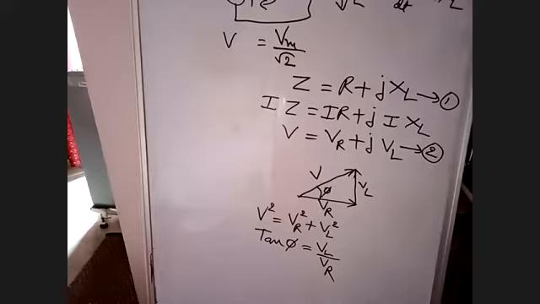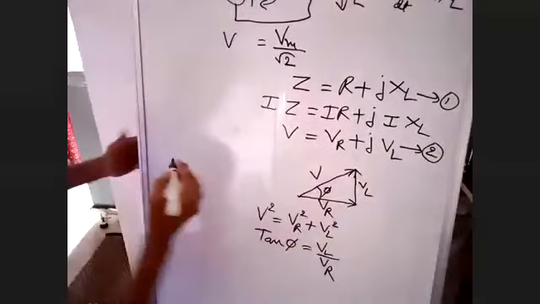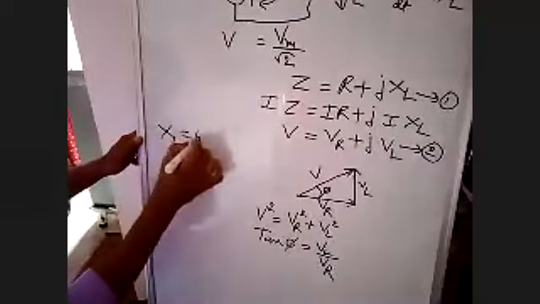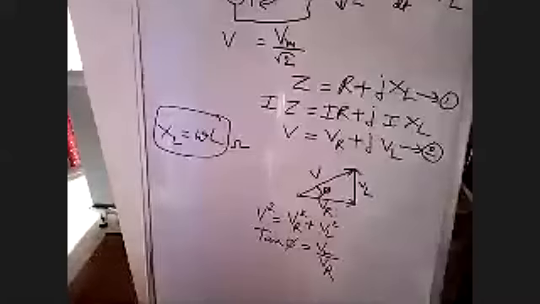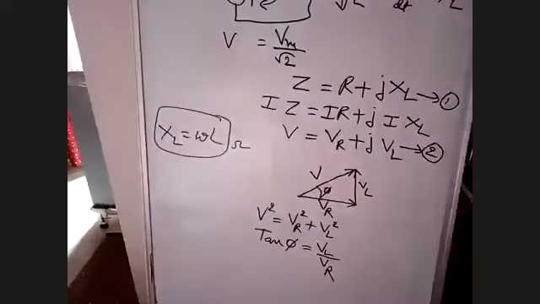XL is the reactance. What is the formula for XL? Yesterday we had discussed: XL is omega L. If you know omega and L, you can determine XL.